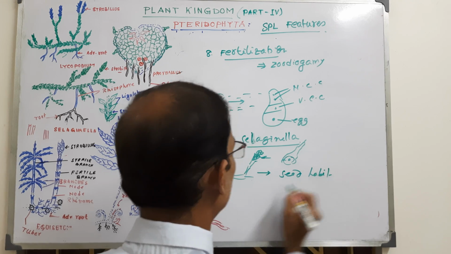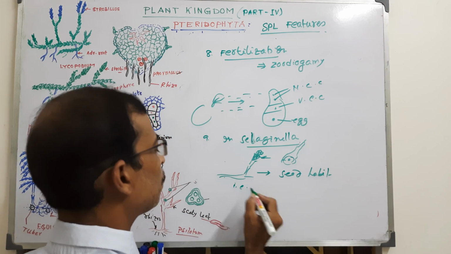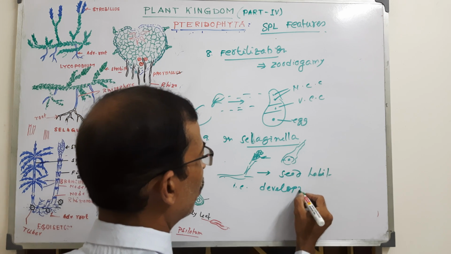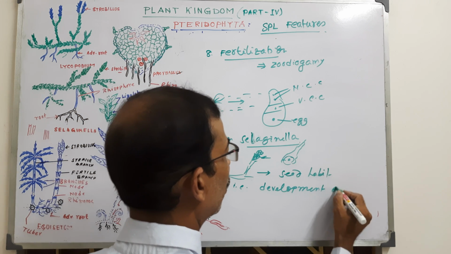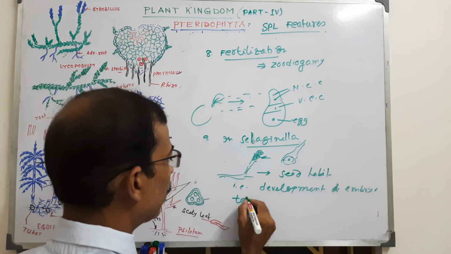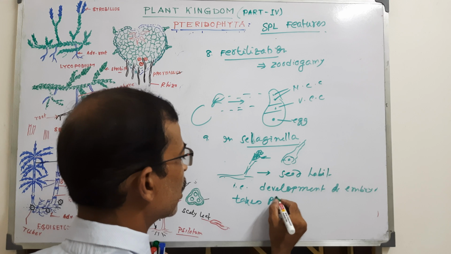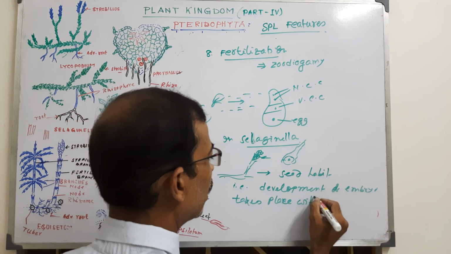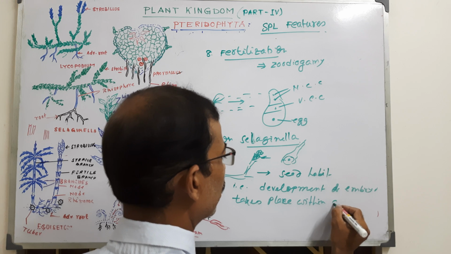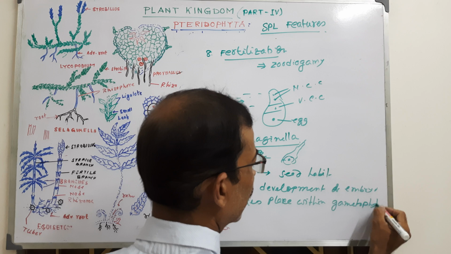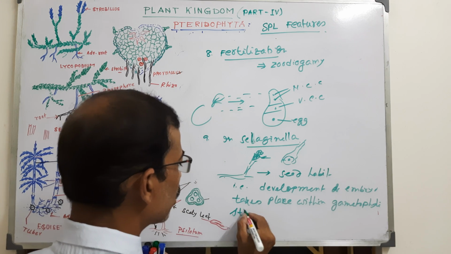Here development of embryo takes place within archegonia, within the gametophyte, still attached to the sporophyte.